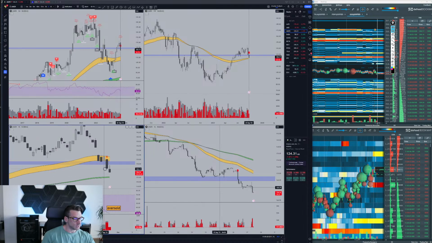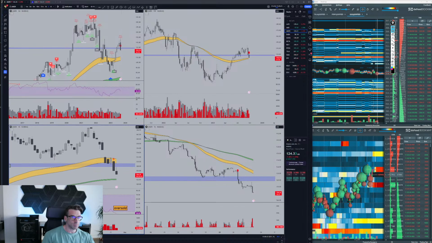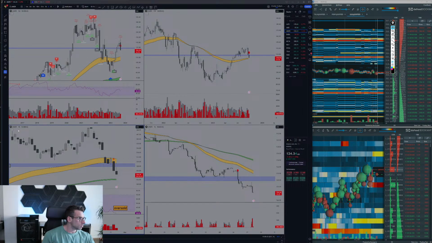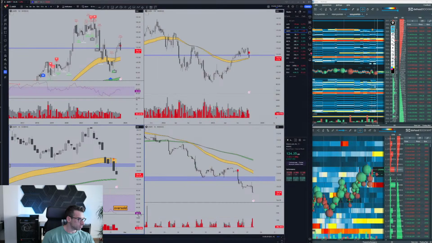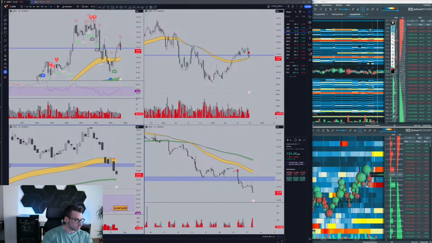And over here we can start looking for a dip. So Amazon, expecting a dip 122 and bounce.